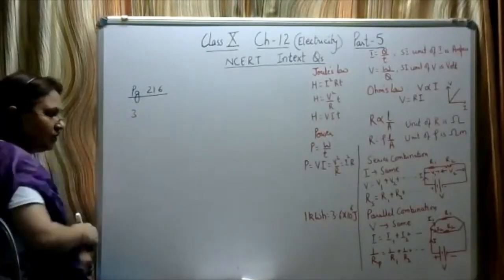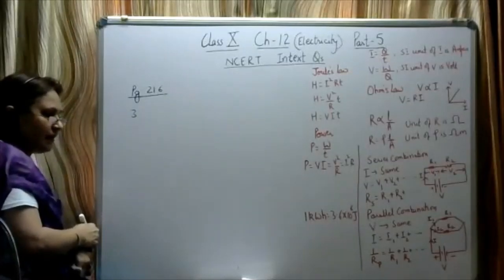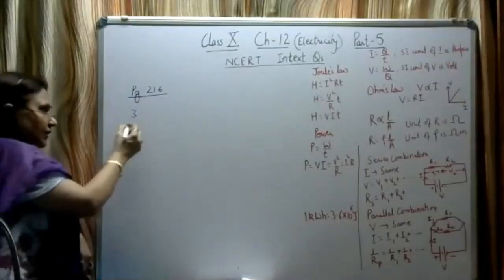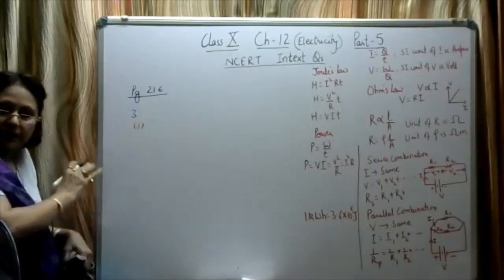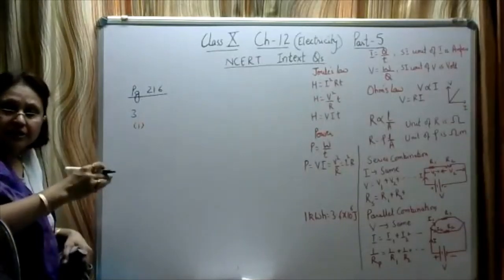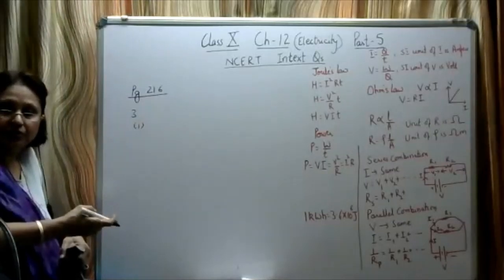Question number 3: what are the advantages of connecting electrical devices in parallel with the battery instead of connecting them in series? The first advantage in connecting the appliances in parallel is that each appliance has a different resistance, so they require a different amount of current.